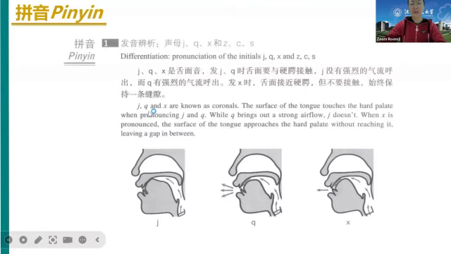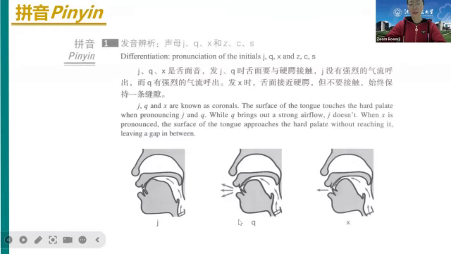Ji, qi, and xi are known as coronals. The surface of the tongue touches the hard palate when pronouncing ji and qi. So please look at the picture where the position of the tongue is.